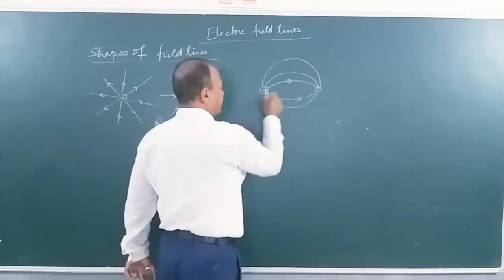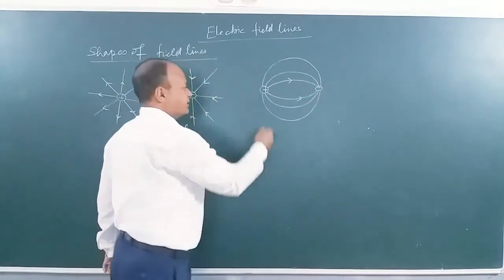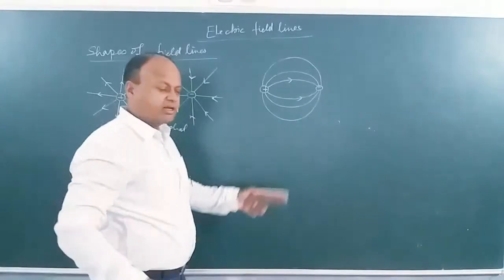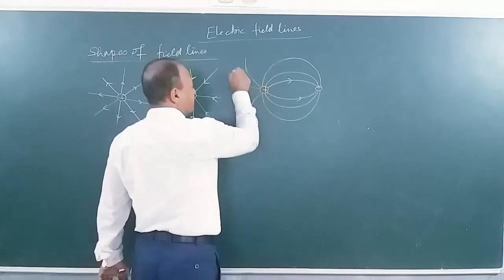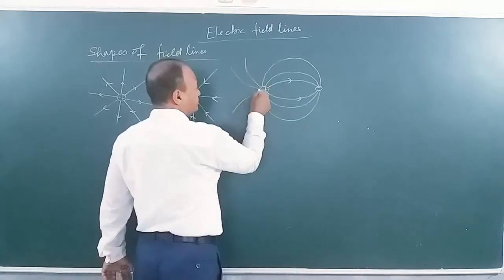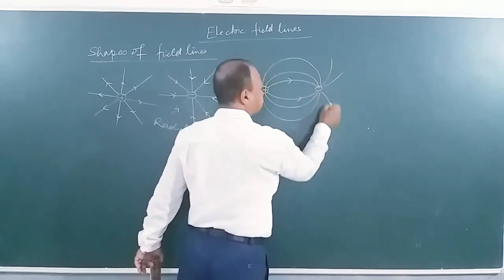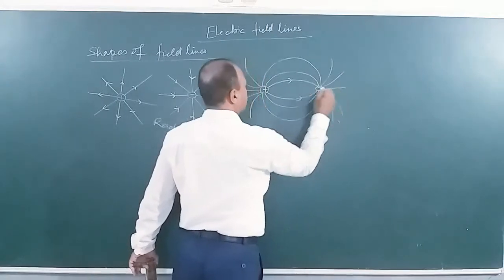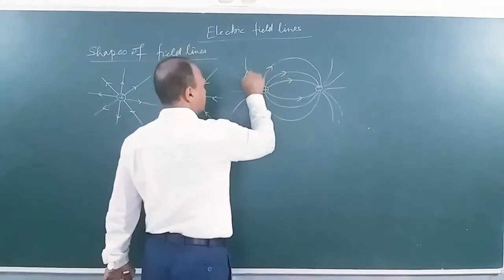As you are moving away, you can see the lines expanding more laterally. Now lines come out of the positive charge.